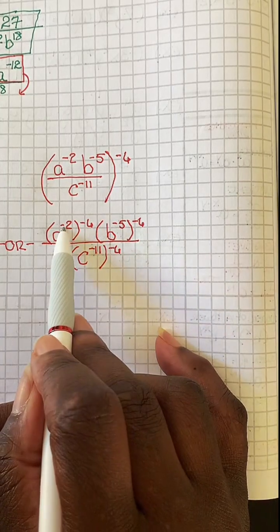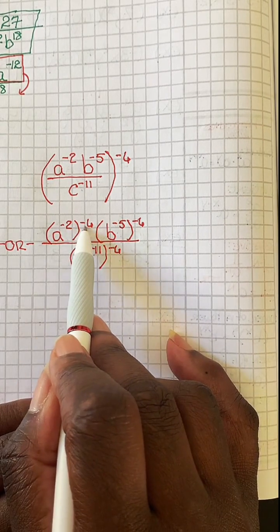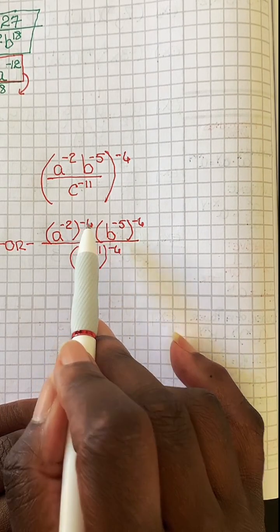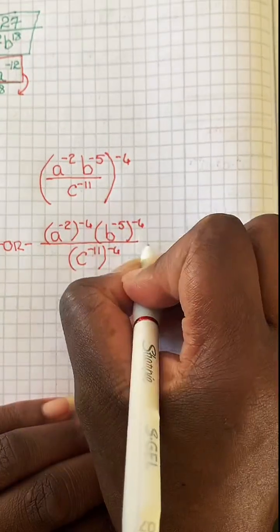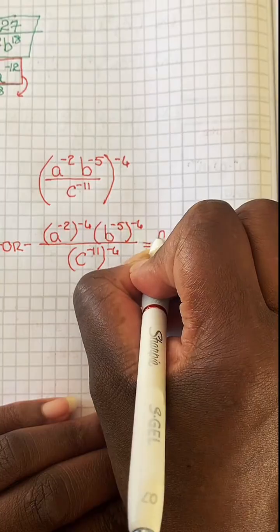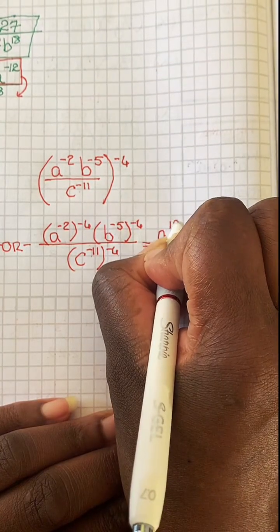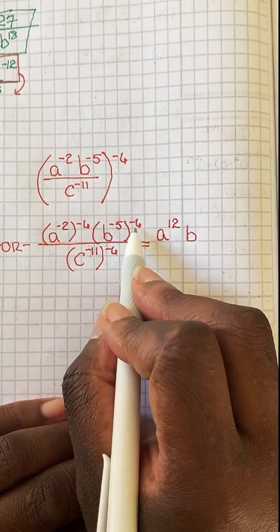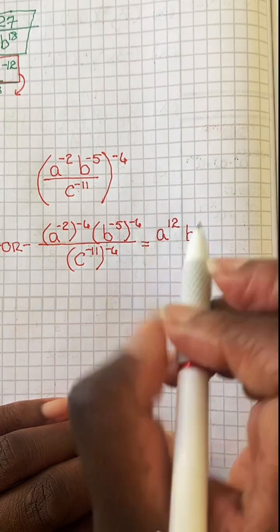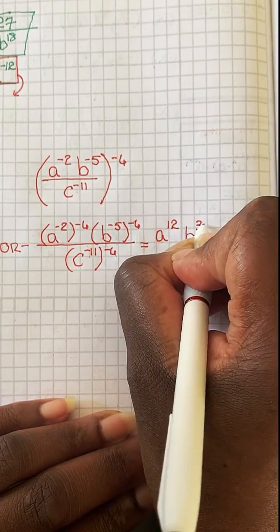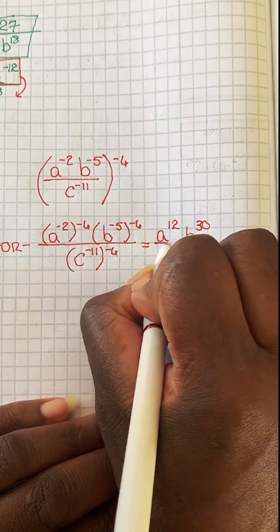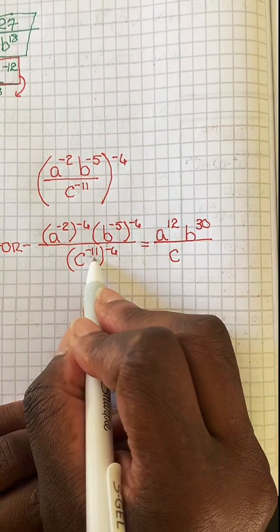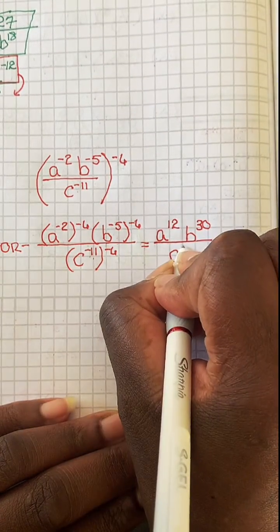But look, negative times negative, my answer is always positive. So we have a to the 12th, then negative 5 times negative 6 gives me a positive 30, over c. Negative 11 times negative 6 will give me a positive 66.